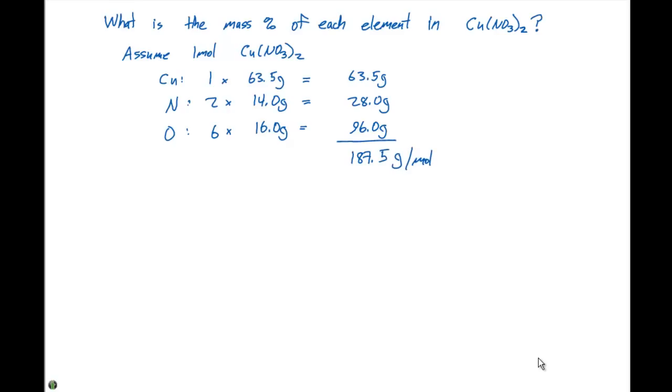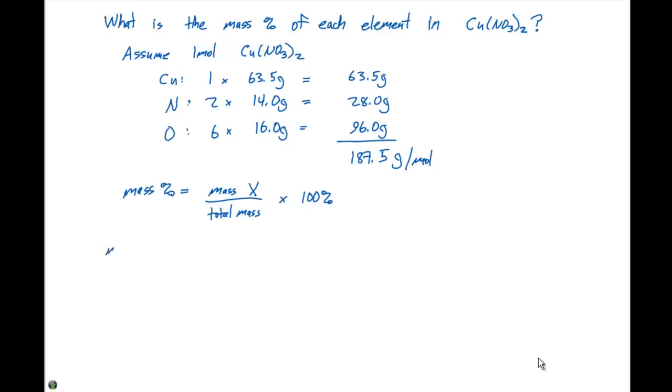So now we can use the mass percent, and our formula for mass percent is going to equal the mass of X divided by the total mass. Then we need to take this decimal and multiply by 100%.